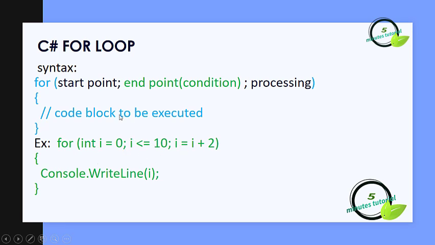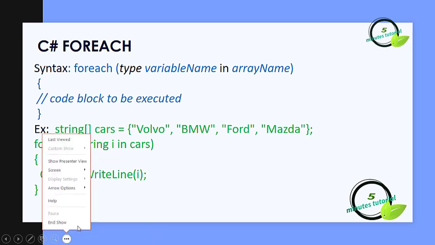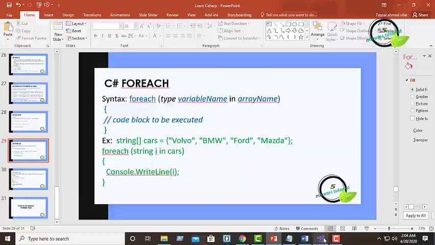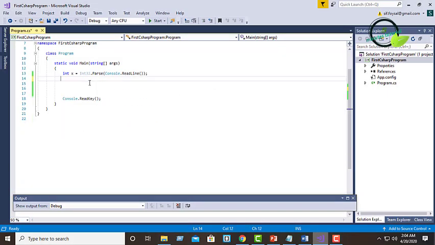So now we will see a program for loop. Here I am giving the starting point 0, then I will check whether I is less than 10 or not. Then I will increment the I value by 1.